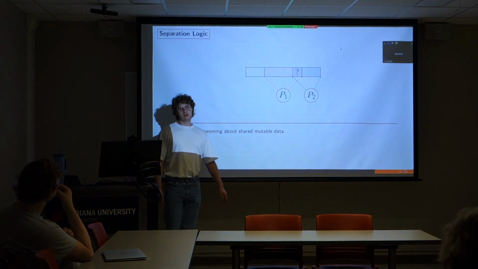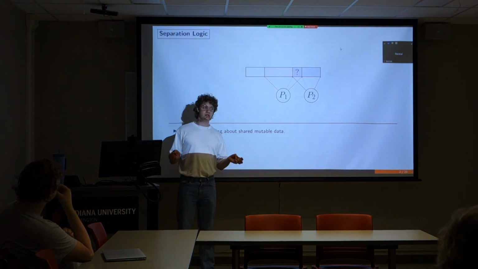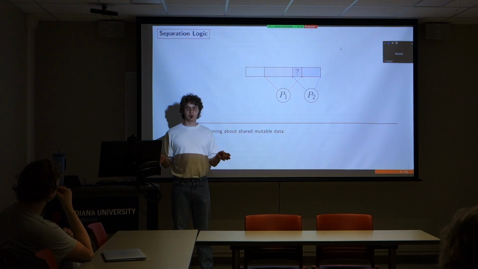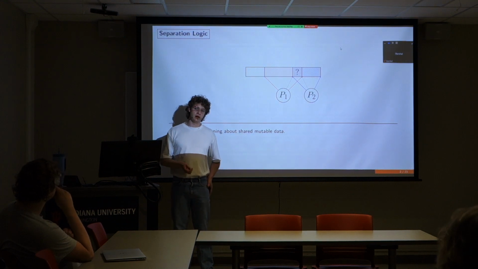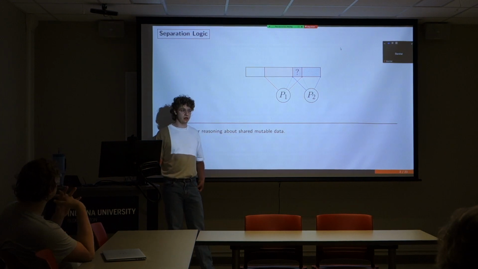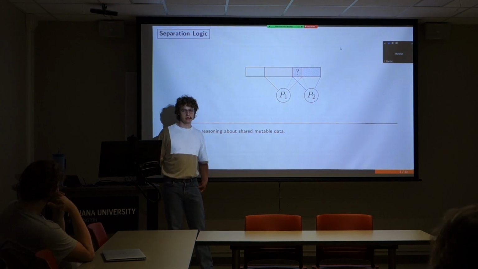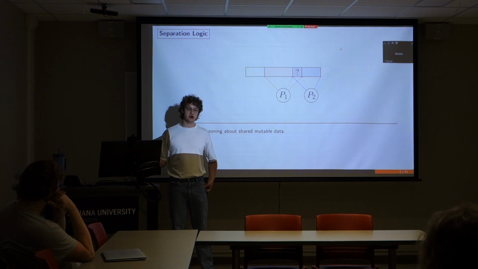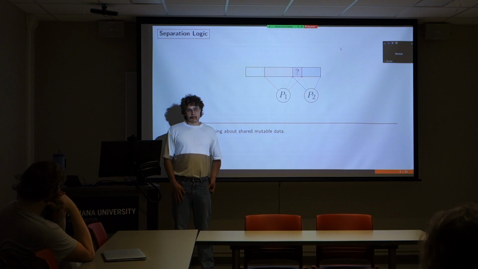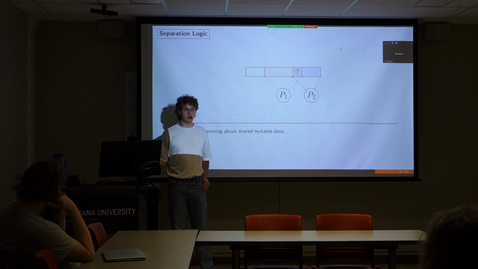Okay, so if you're dealing with complex systems and we want to reason about them, we would like to divide the system into smaller, more understandable components and reason about those components individually. The problem with this is that when we do this, we afterwards need to see how these components fit together in a meaningful way.